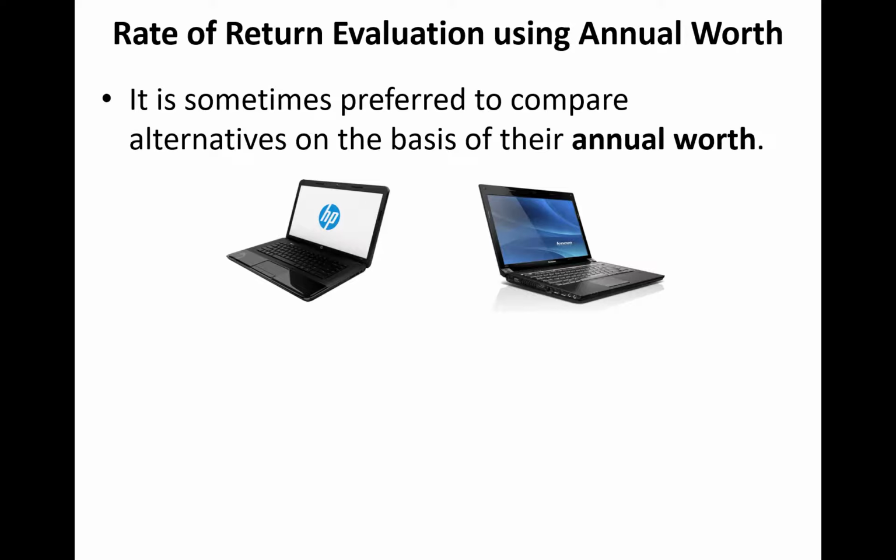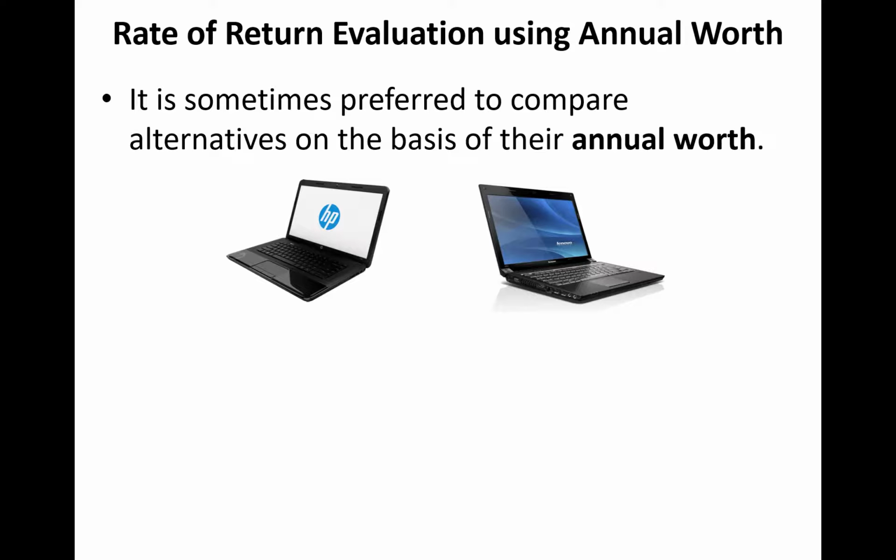If you're buying a car, then you may want to find out the capital recovery cost for that vehicle. And here you can see I've got a couple of laptops on the screen. That's another thing where people will typically buy and refresh their computer equipment so often that it makes sense just to set aside a certain amount each month or each year so that you have it ready to purchase the new equipment when it's needed.